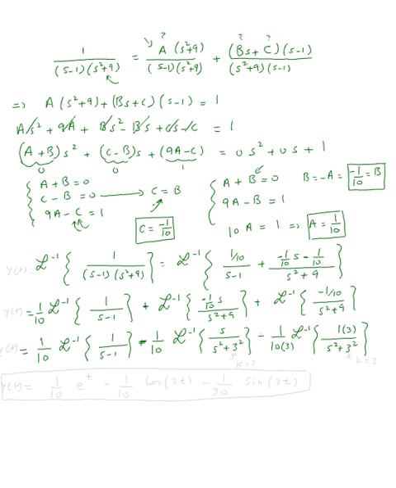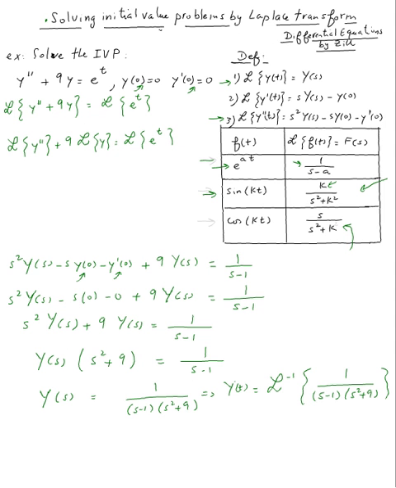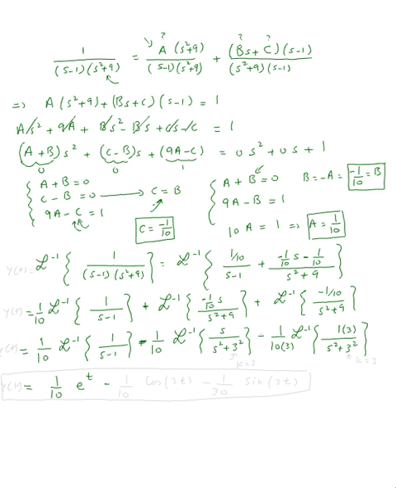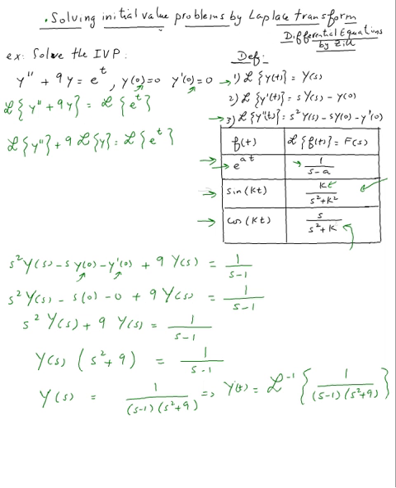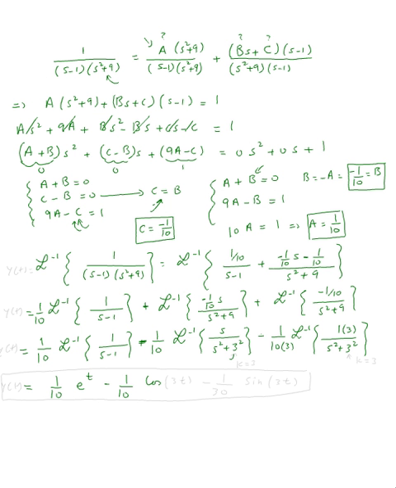So now looking at the tables, this is equal to 1 over 10 Laplace inverse of 1 over s minus 1, I'm using the first row. So it's e to the t, minus 1 over 10. I'm using the third row, s over s squared plus k squared will be cosine. So this is cosine of kt. My k is 3. So cosine of 3t, and then minus 1 over 30.